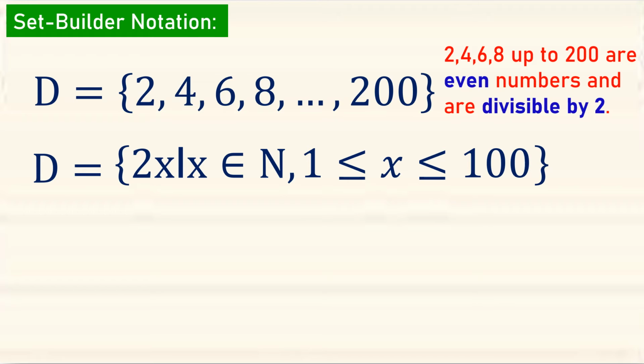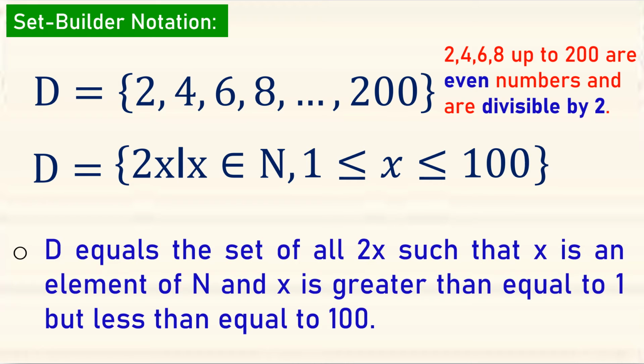So x is greater than or equal to 1, but less than or equal to 100. Why 1? Because 1 times 2 is 2. And why 100? 100 times 2 is 200. So we can read this as D equals the set of all 2x such that x is an element of n and x is greater than or equal to 1 but less than or equal to 100.